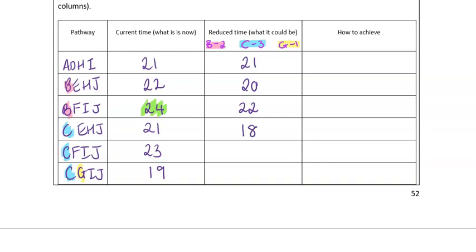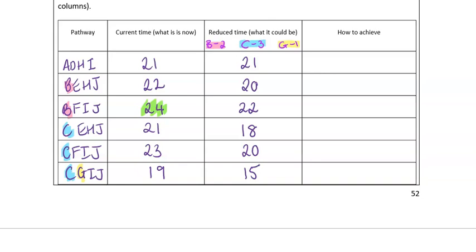The next one, CFIJ, again, just C there, so I can minus 3 off that pathway, brings that total time down to 20. And finally, CGIJ, I can reduce 3 from C plus 1 from G, so a total of 4. So that brings the total time for that pathway down to 15.